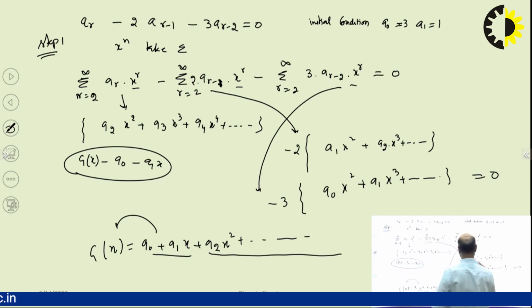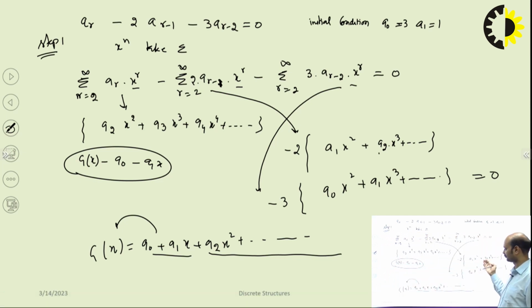Then what is here? If we compare this particular equation with this particular equation, what is the coefficient of this particular x? It is a1. So we take x as common here. So what will we get? Minus 2 of x, then a1x plus a2x square up to infinite.